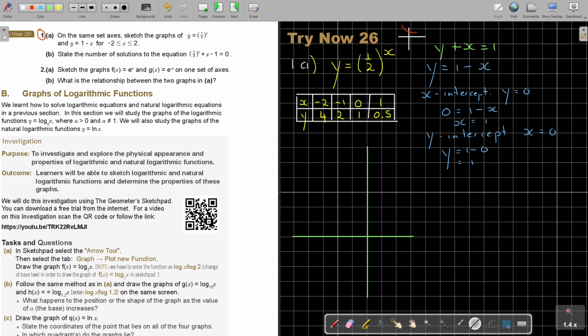Right. Okay, say for example, it's like this. And now I see y is up to 4, so I can do it like this. I'm going to mark it quickly. So this is going to be 1, 2, 3, 4. This is going to be -1, -2, but it's not necessary.